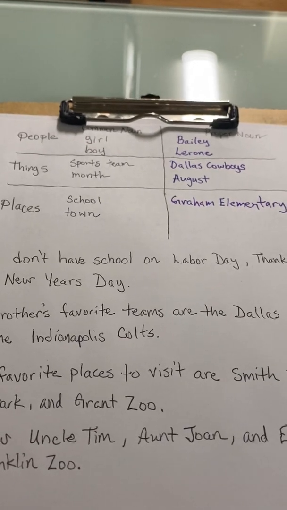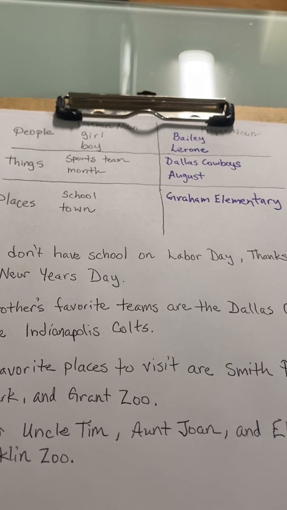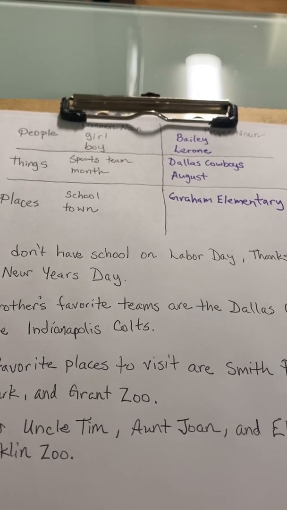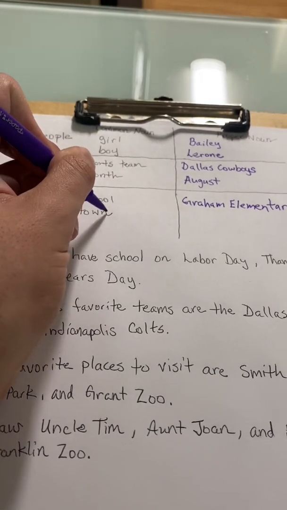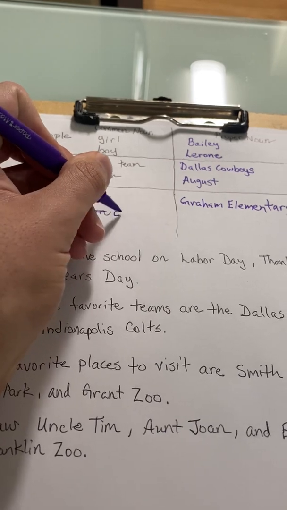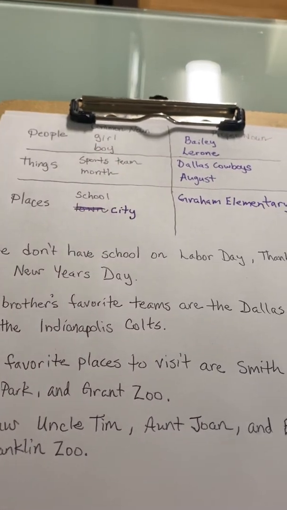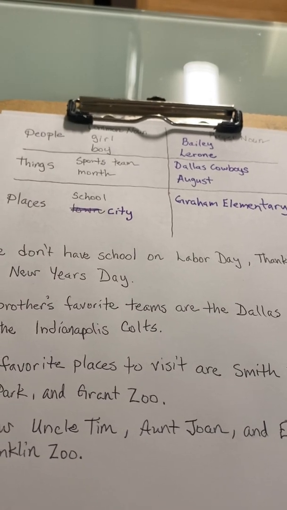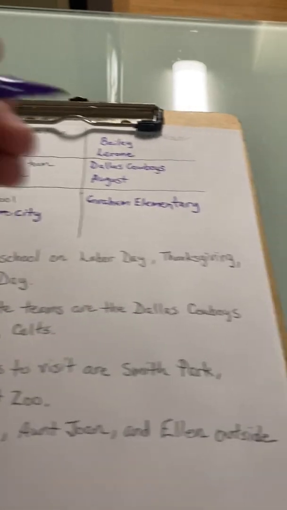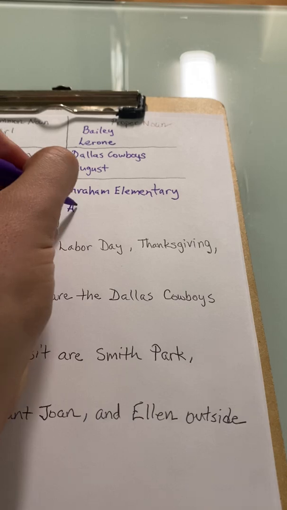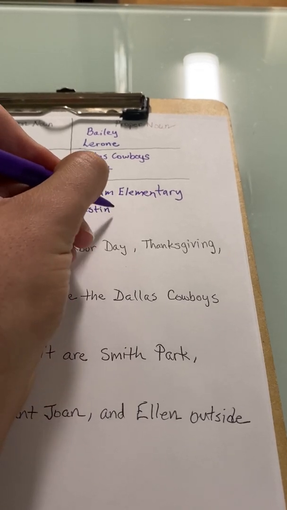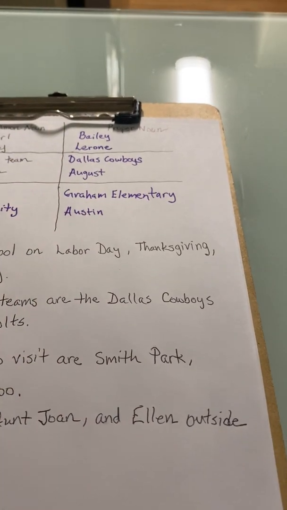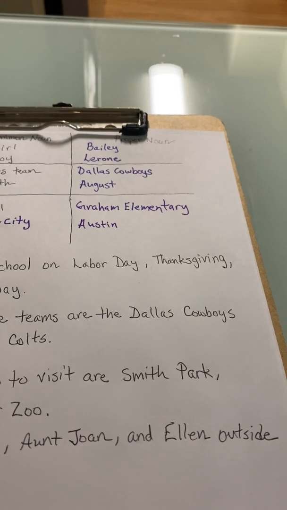Or a town, which really, let me change this here. I'm going to change this to city, just so that you know what we live in, because we don't live in a town. We live in a city. City. The name of a city would be Austin, Texas. Or just Austin. We'll just put Austin.